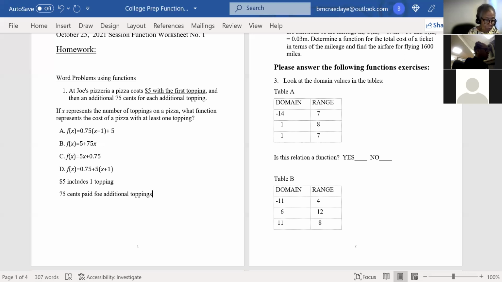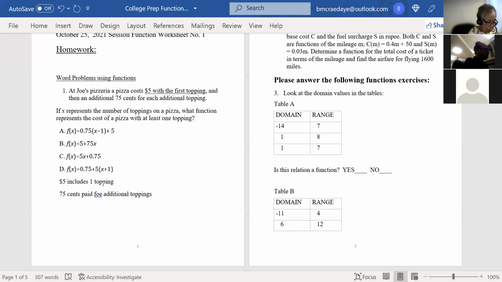All right, so if you had 4 toppings on your pizza, now, how many toppings are you paying for? 4.